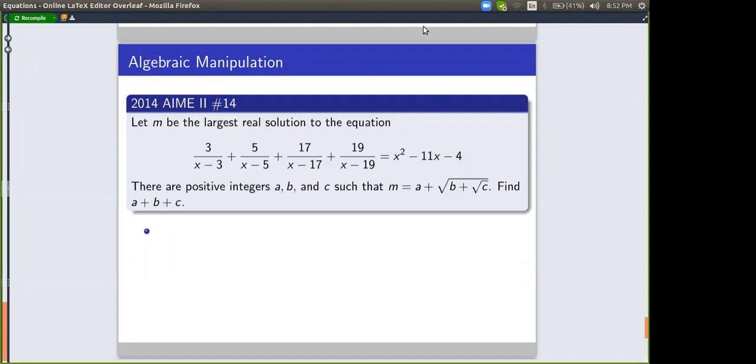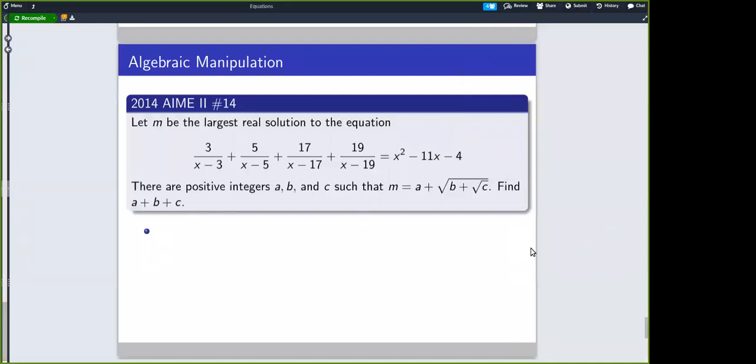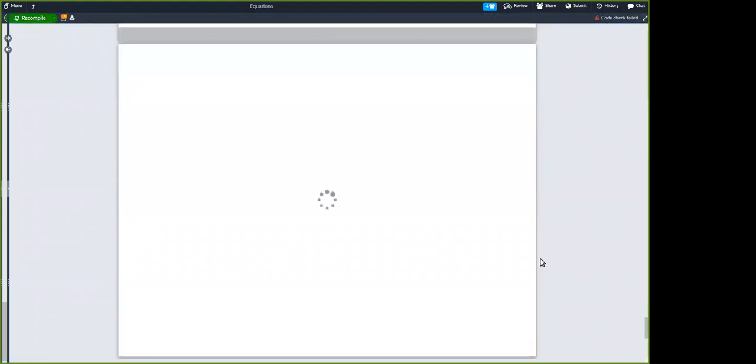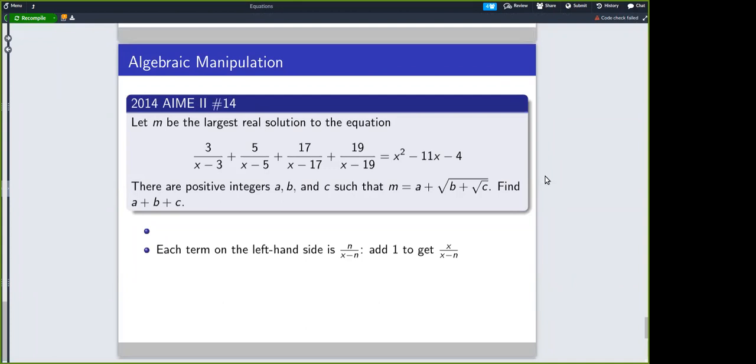And conveniently enough, if we have a 4 on the other side of the equation, that goes away when we add 4 to the left side. So yep, each term on the left-hand side is n over x minus n, and we add 1 to get x over x minus n.